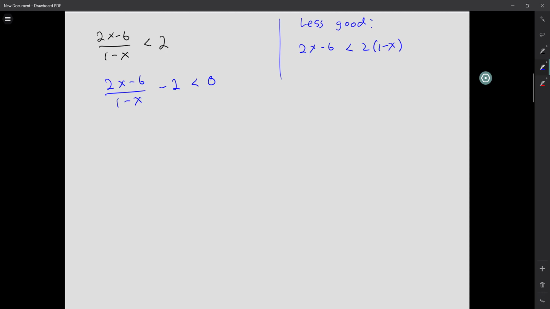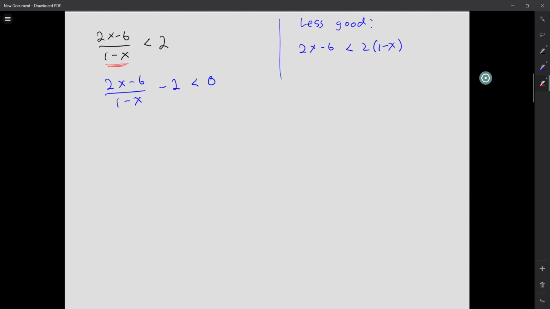The problem with doing it this way is once I turn it into strictly a polynomial problem, I will lose out on the information that I had down here. I'm supposed to have a vertical asymptote at x equal to 1. That's not going to happen if I multiply both sides by 1 minus x. So it's safer to move everything to one side and then find common denominators than it is to just simply try to simplify the problem.